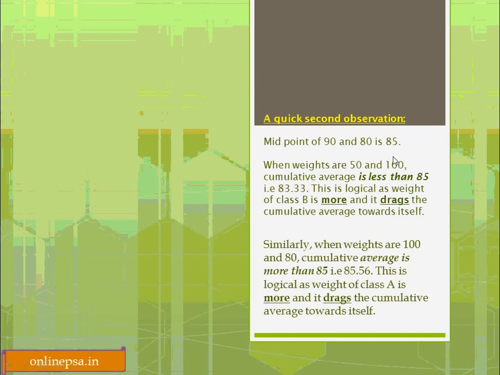So we already know the midpoint was 85, but then the strength of class A is more than the strength of class B, and that's why the cumulative average gets dragged from 85 towards 90, and we see that it is 85.56 precisely, which is more than the midpoint value. And this is again a logical thing.